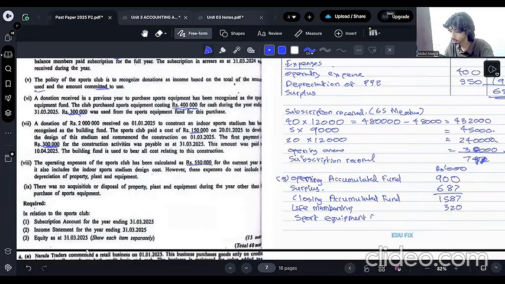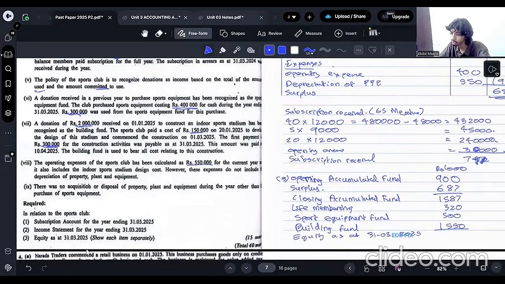And then finally you will have building fund. You have got 2 million. Out of that, you have used 150 and 300, right? So 2 million minus 150 plus 300,000, remaining balance will be 1,550.